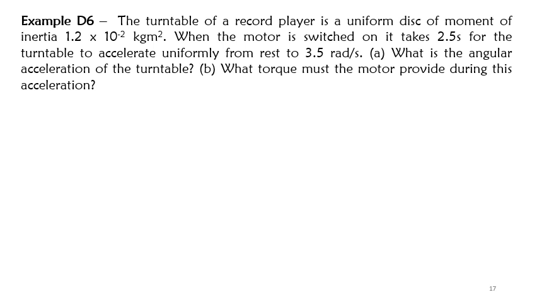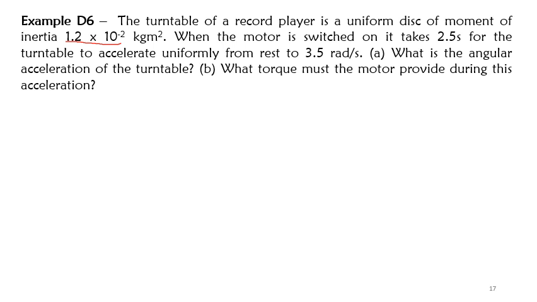Another example. We read the last example here. The turntable of a record player is a uniform disk of moment of inertia 1.2 times 10 to the minus 2 kilogram meter squared. Now, the motor is switched on.